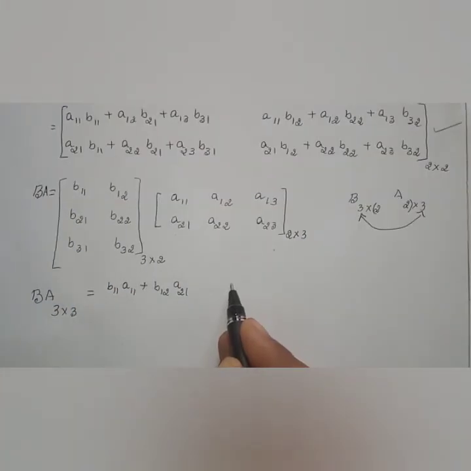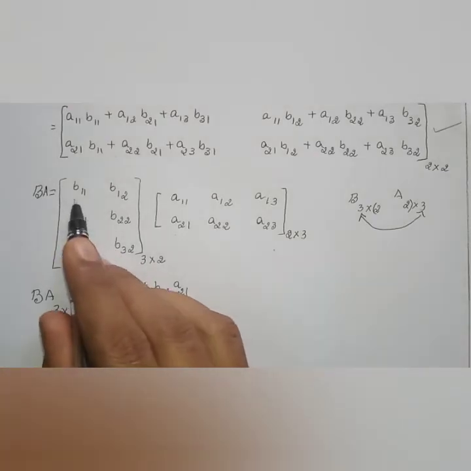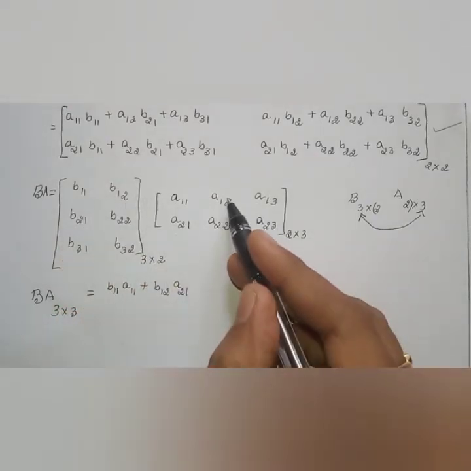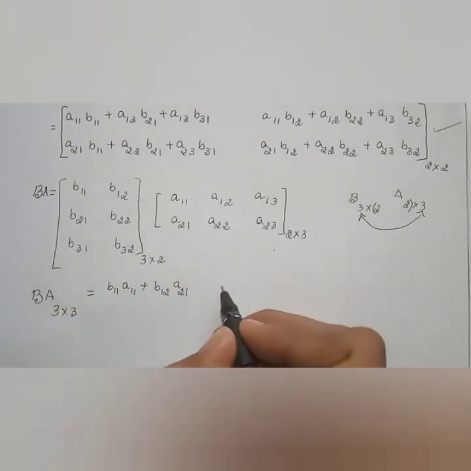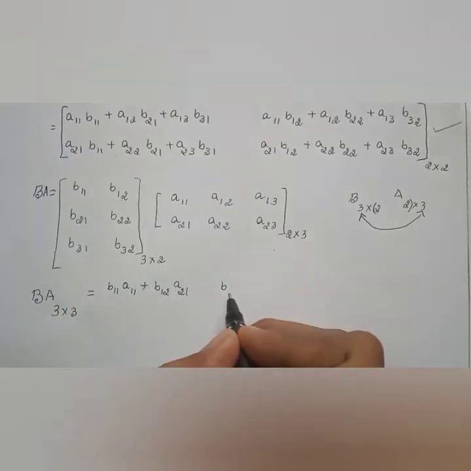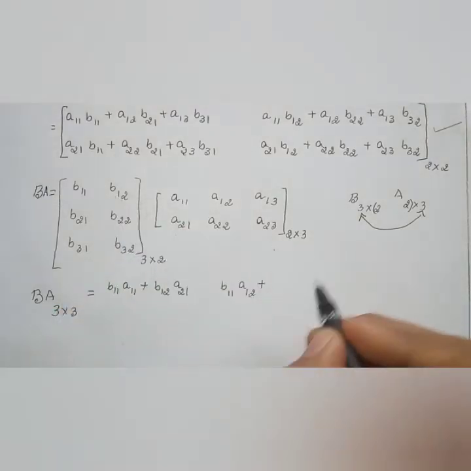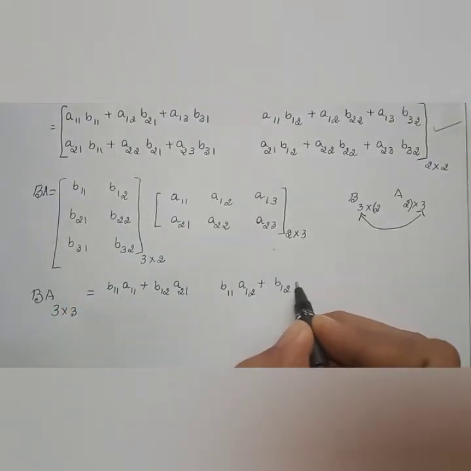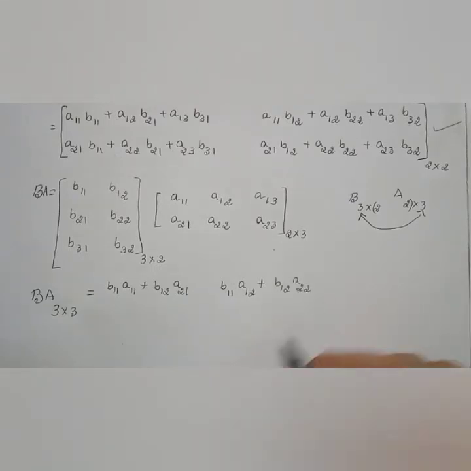The next entry of the matrix is first row, second column. So this is B11 into A12 plus B12 into A22.